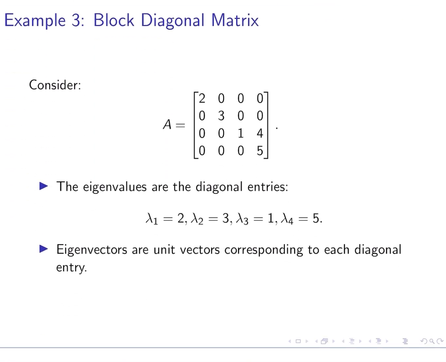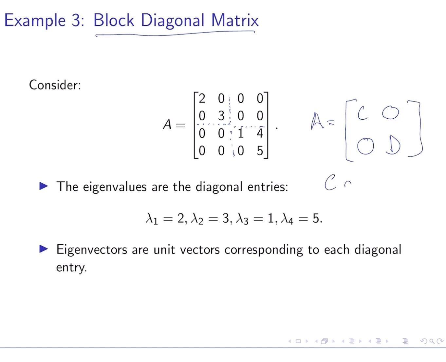Now the block diagonal matrix. Block diagonal means, if you see, this is one block and this is another block. It means A can be written as C, 0, 0, D, where C and D are submatrices, right? So a submatrix is a smaller matrix.